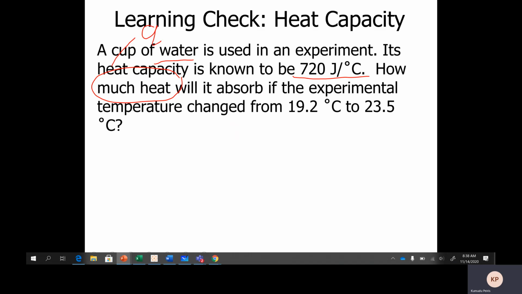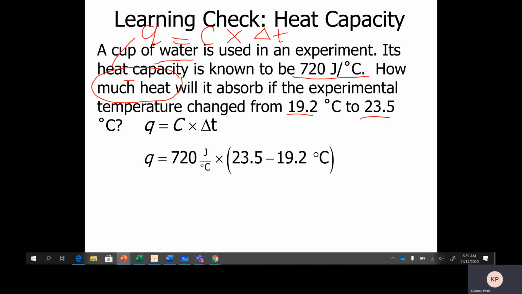Right. So Q equals C. We are given the heat capacity. Heat capacity is C, multiplied by the temperature change. Are we given the temperature change? Yes, we are given the initial temperature and the final temperature of this process. So, when we subtract the initial temperature from the final temperature, we'll be able to get the delta T. Q equals C times delta T. So now we substitute the numbers.